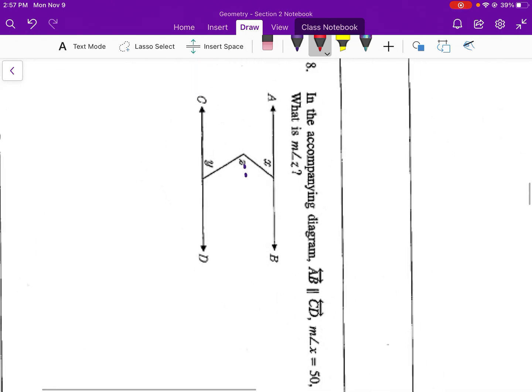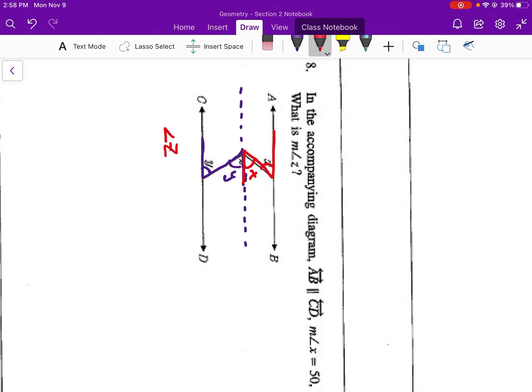Number 8, as soon as you see this kind of a thing, you are saying to yourself, oh yeah, this is where we draw that auxiliary line. And then I've got my z here. So this is angle y and this is angle y. And I've got a z up here. So this is angle x and this is angle x.